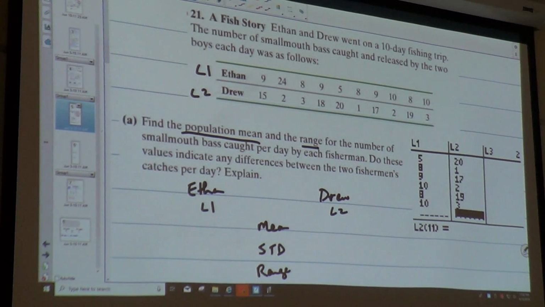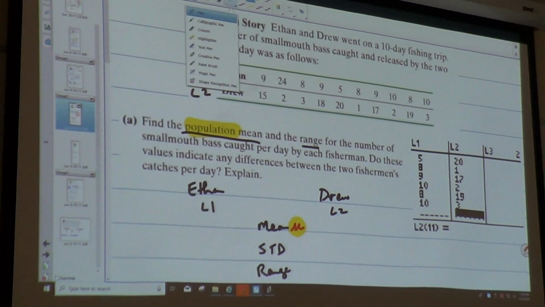Now, because it's population, what do we call the mean? Mu. You're right. Mu.